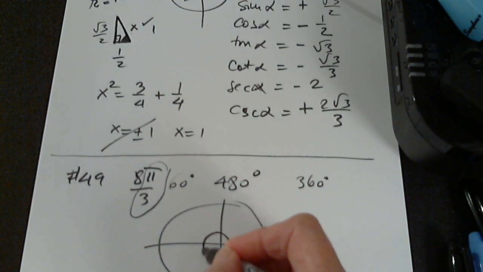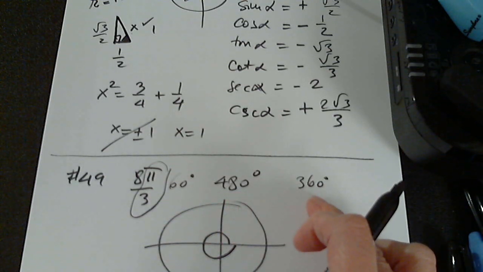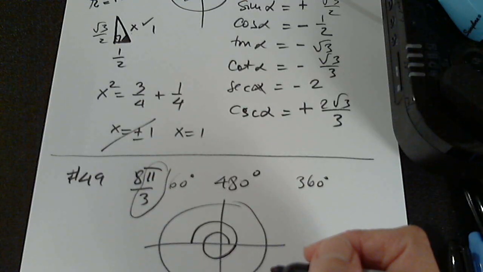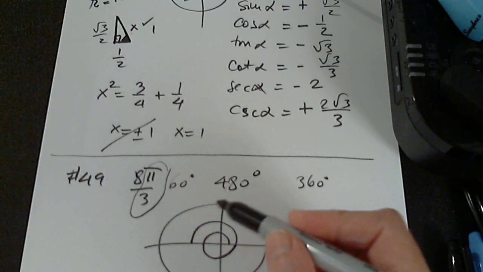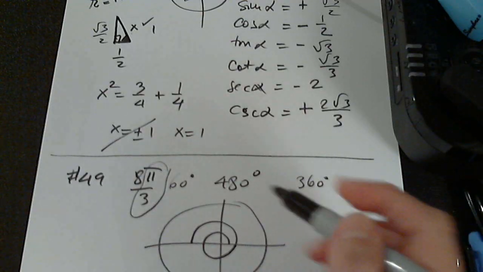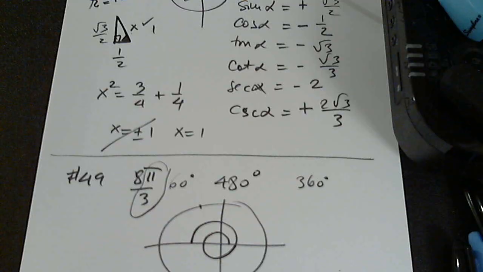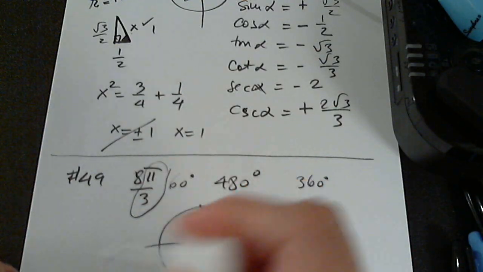So from 360 to 480, we have 120 degrees. So this is 180. I'm sorry, we said 120, so I went too far. So 180 to 120, so we're right here. I went too far. So that is 60 degrees away from 180.